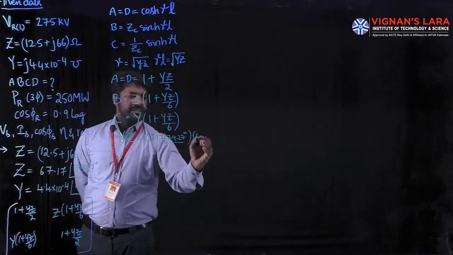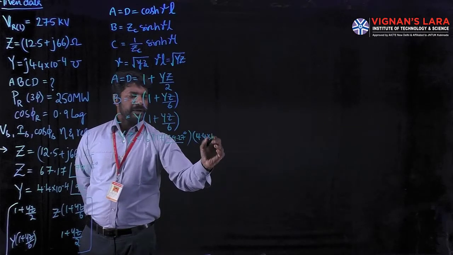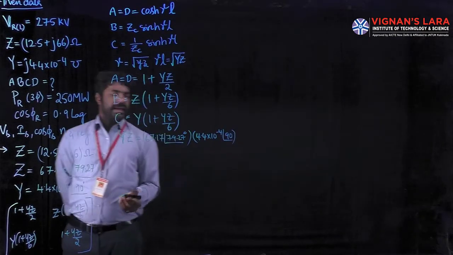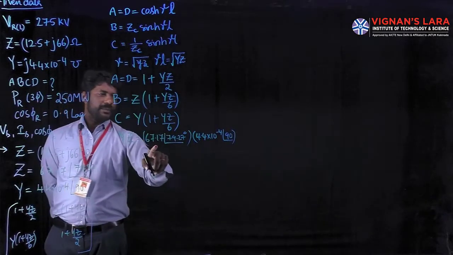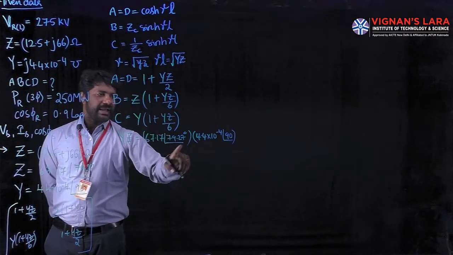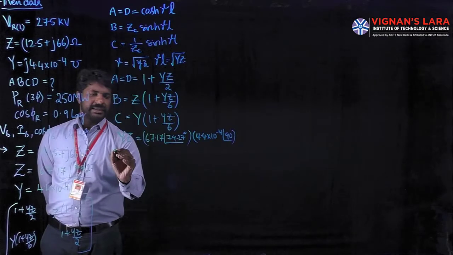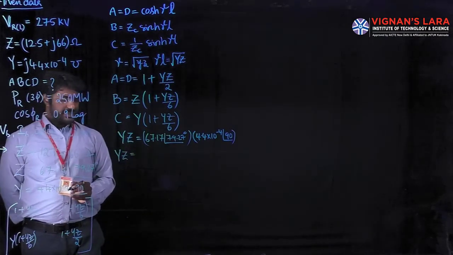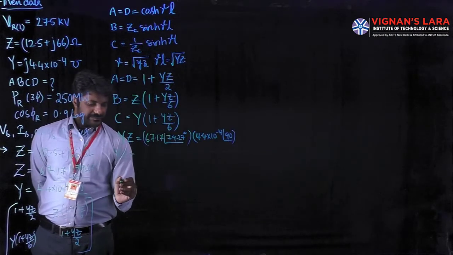The Y value is 4.4 into 10 power minus 4, making an angle of plus 90. As per the product rules, we multiply the magnitudes and add the angles.